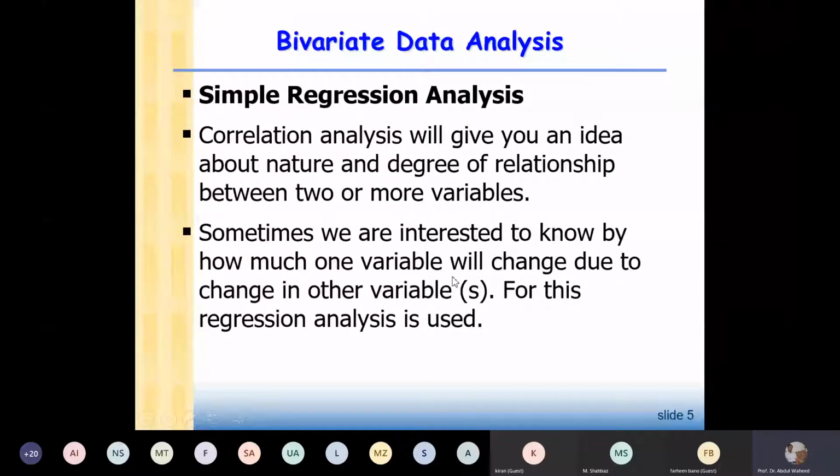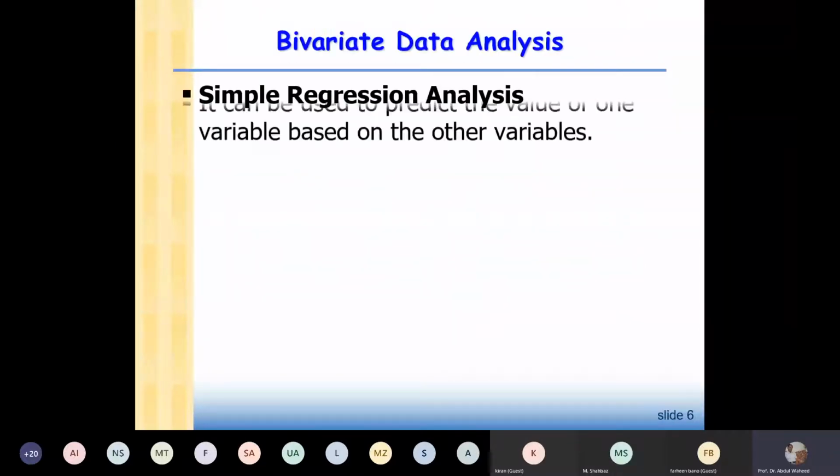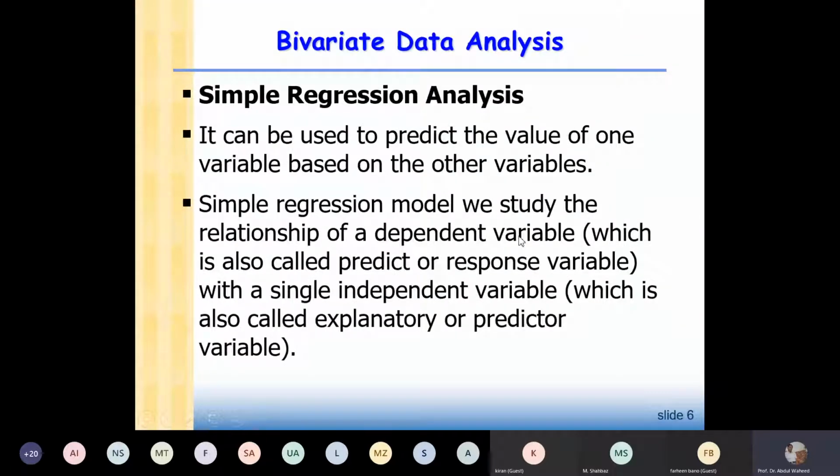One variable is the dependent variable and the other variable is the independent variable or explanatory variable. In the simple regression model, we study the relationship of a dependent variable, which is also called the predicted or response variable, with a single independent variable, which is called the explanatory or predictor variable.